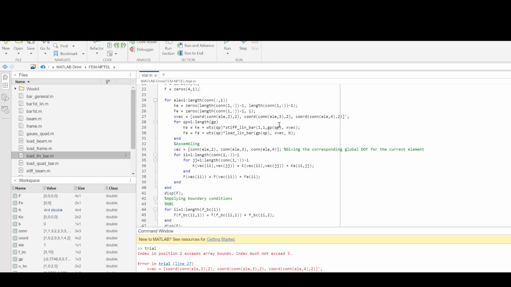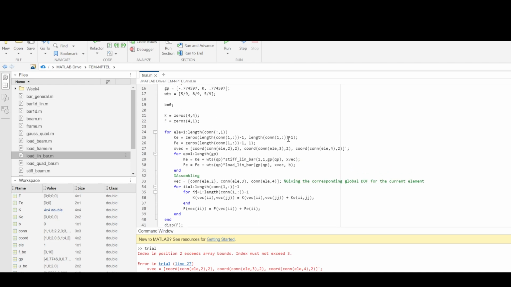So let's see if we can change it, or we'll just use the quadratic elements instead. Remove this.